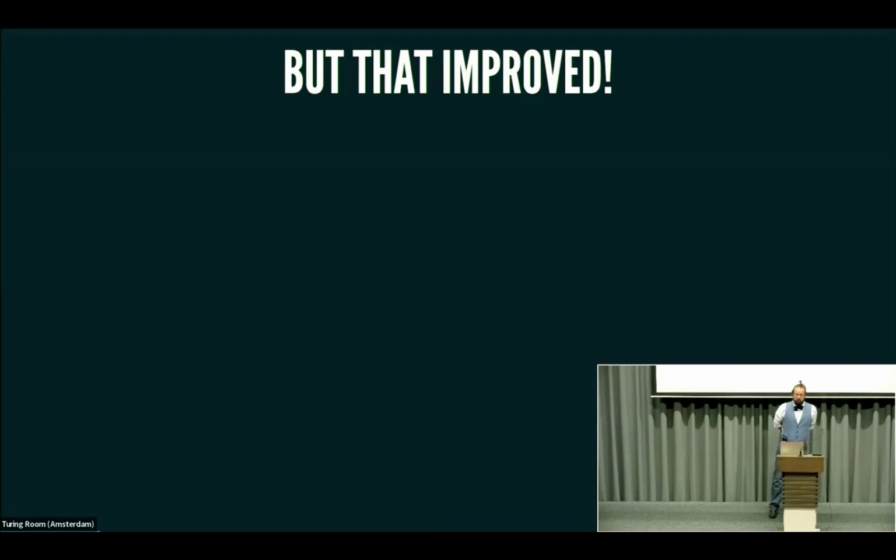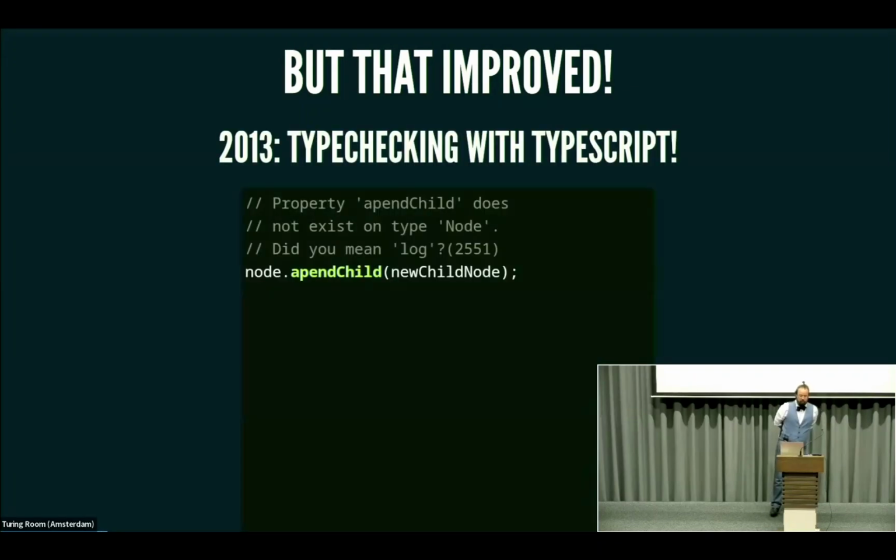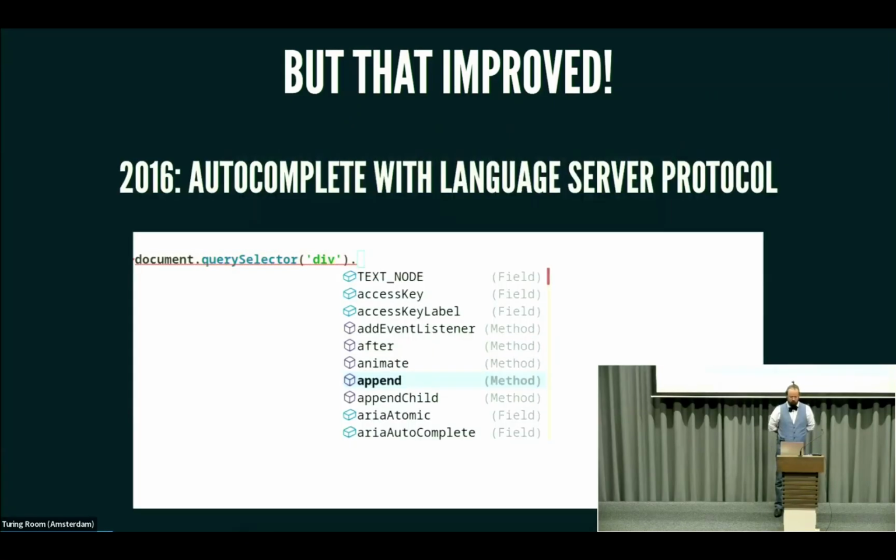But it improved. At some point, we got type checking with TypeScript. I wrote 2013 here. I think that is when I started using it. So you would actually get some feedback that says, you're writing something wrong. 2016, we got autocomplete with language server protocol. And I'm really impressed that Wim actually already supports language server protocol for the new language.